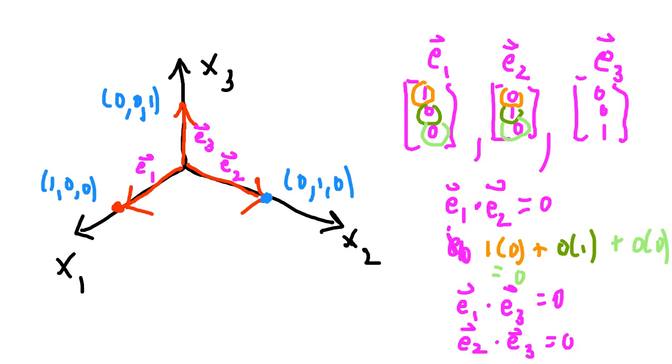Notice the E1 vector. If you're thinking like in a physics class, what would you call the E1 vector? It's a unit vector. You would call it vector I. That's right, Mikhail.